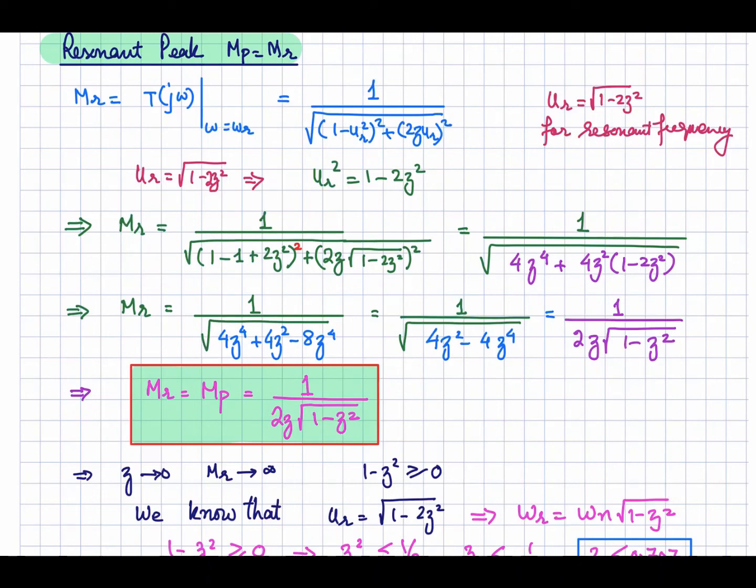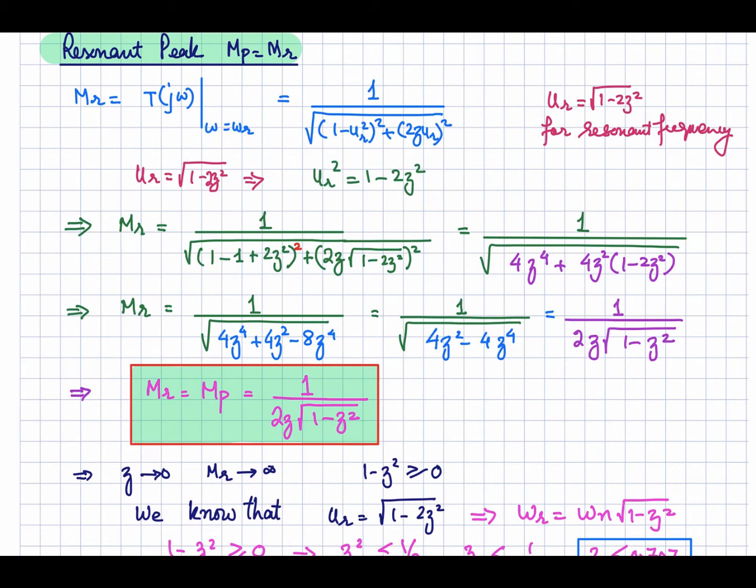Now we know that ur square is equal to 1 minus 2 zeta square. We have derived it earlier. So replacing ur square with 1 minus 2 zeta square, because of this negative sign, this is going to become plus. So this term, and then 2 zeta into ur, where ur is under root of 1 minus zeta square, and the square of this part. So this will be the peak at the resonance frequency.